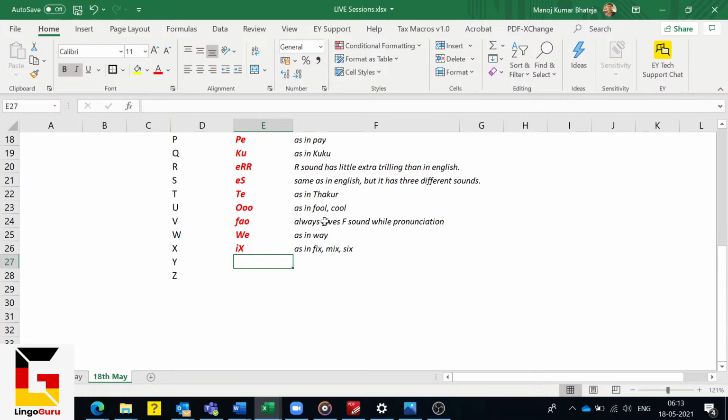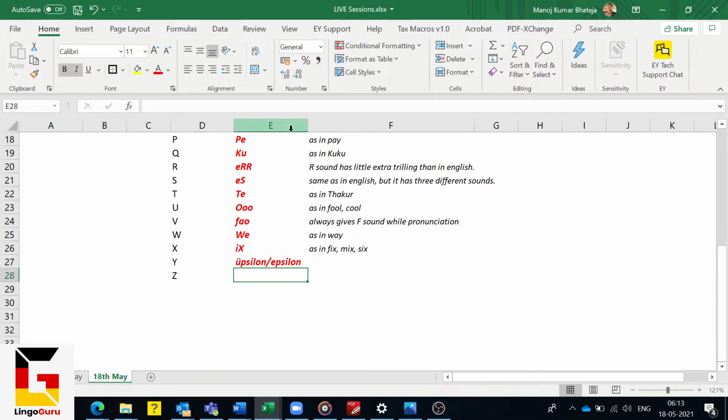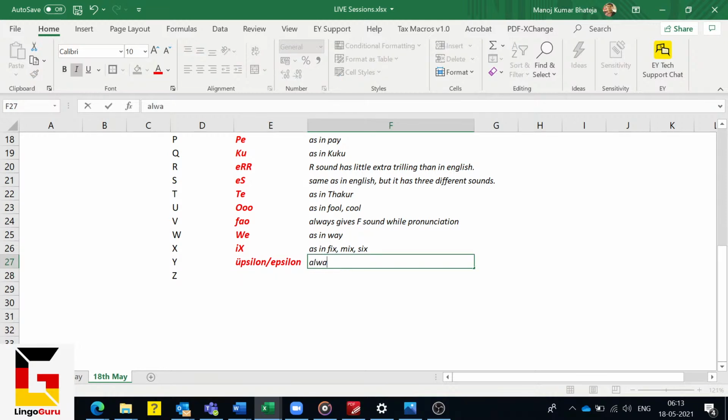X, X. Now the next one is ideally known as epsilon. You may initially practice this as epsilon, but its actual pronunciation is epsilon. You can learn it as epsilon initially. It is always going to give you the sound of y, as in yar or ear.